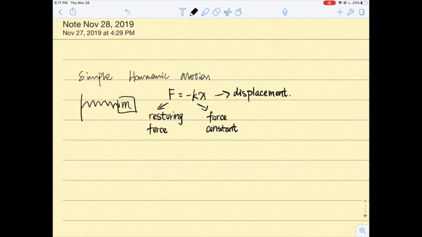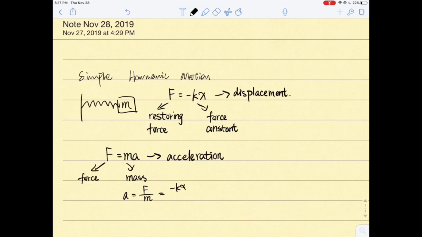From physics, we know that F also equals ma, where m is mass and a is acceleration, so by rearranging this equation, we get a equals F over m, which is negative kx over m.